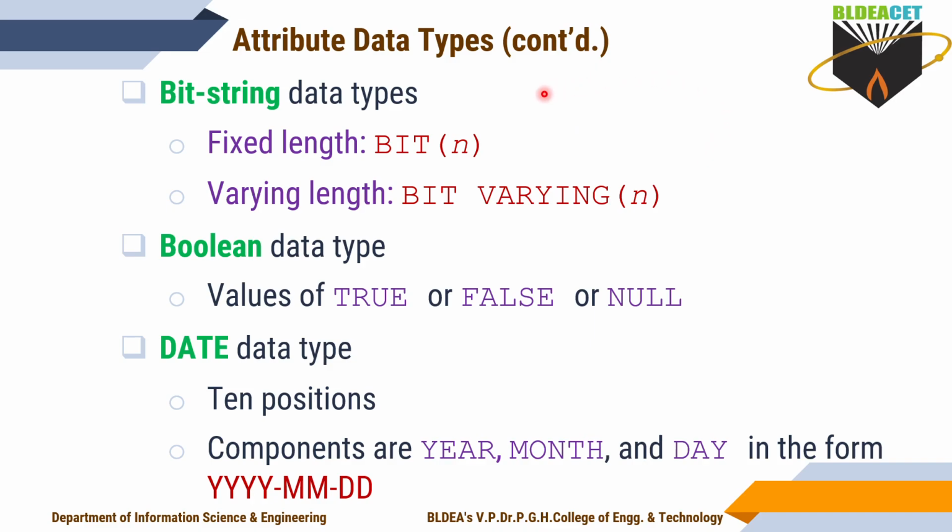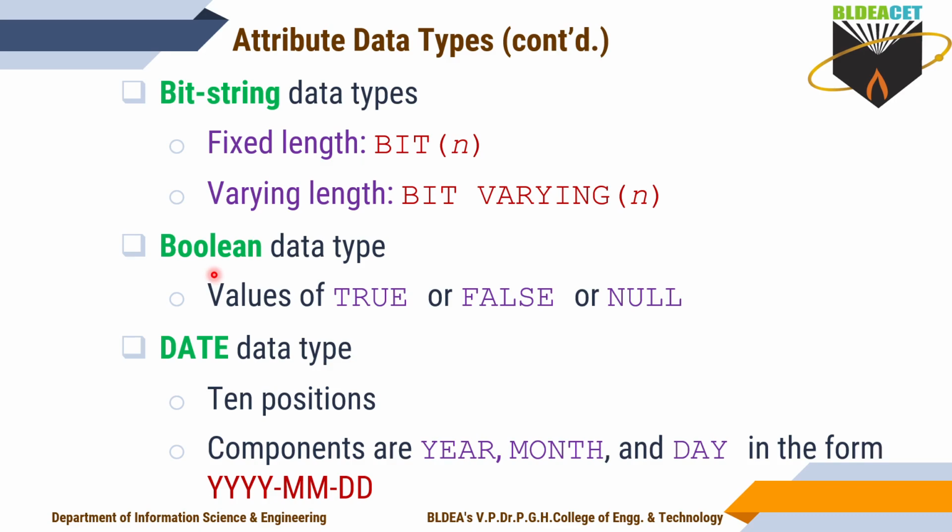You may utilize it or may not utilize it, but it has to be fixed for that particular attribute. For varying length, for example, if I take the maximum n value as 10, and one attribute takes a value of only 4, the remaining you can use for further attribute values. That is also the difference between fixed length and varying length.